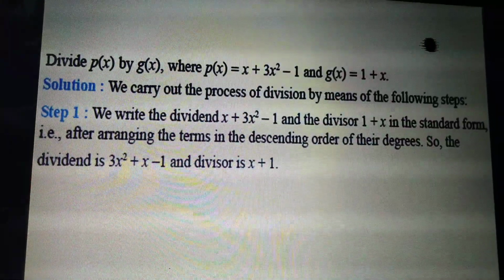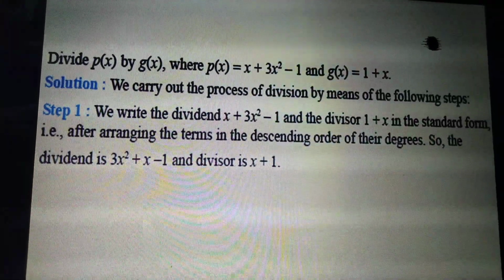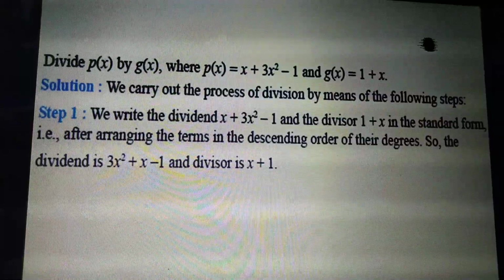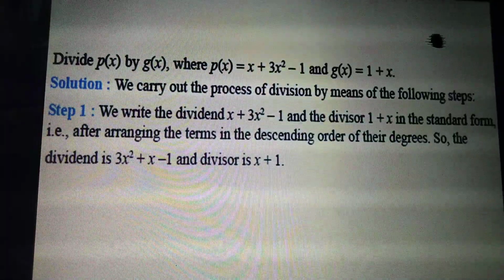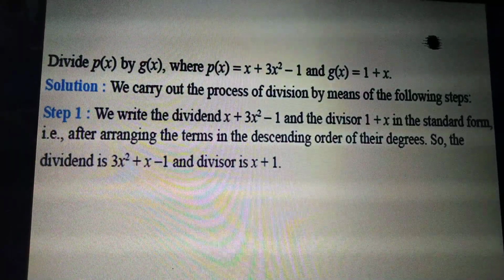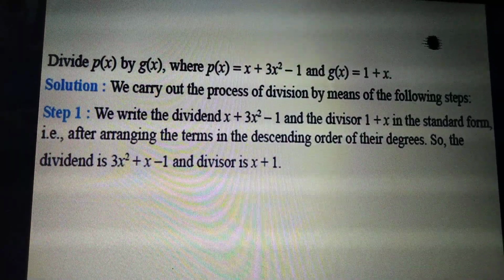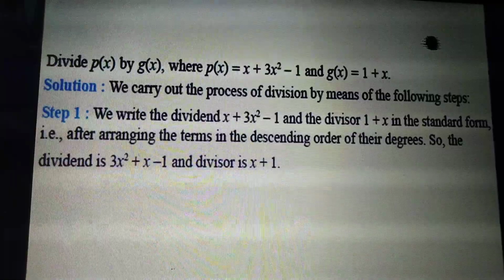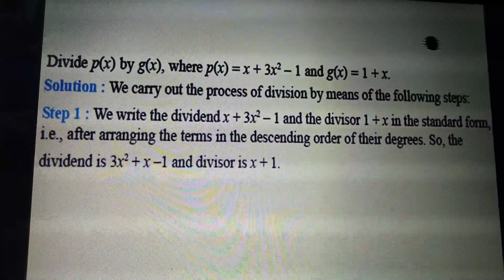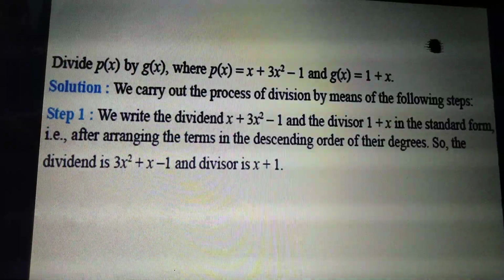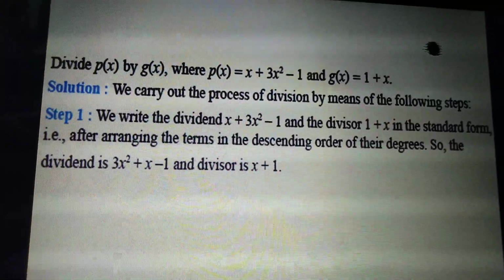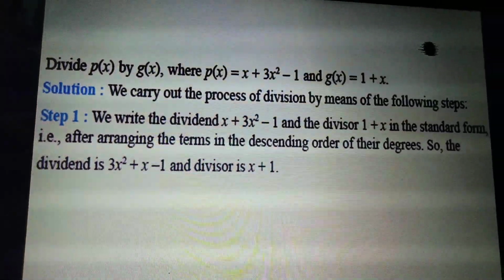After arranging, the dividend is 3x squared plus x minus 1, that is x squared term first, x term and then constant term. Same with the divisor, given divisor is 1 plus x. After arranging it, x plus 1, that is x term and constant term.